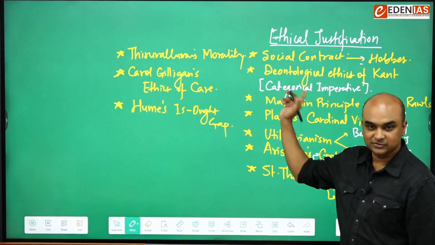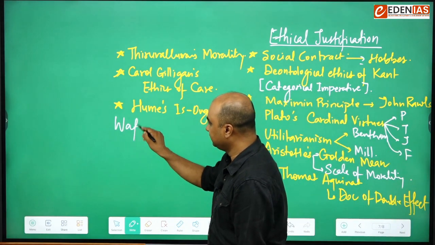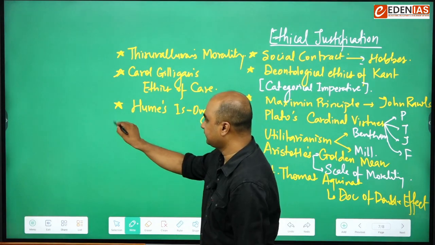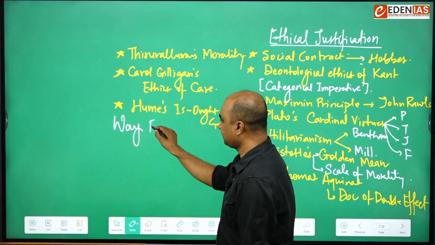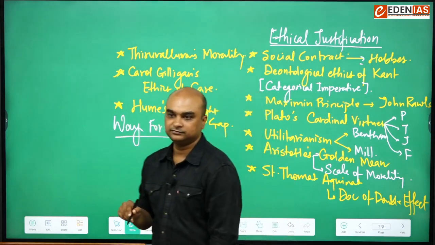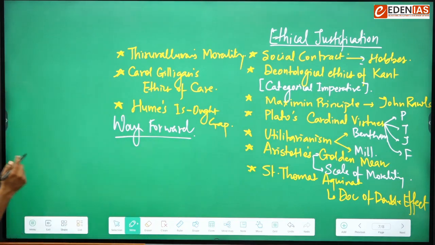But then again, here also the answer doesn't stop. You have to provide the way forward. What could be the way forward under this scenario? First is, you have to think from all angles.